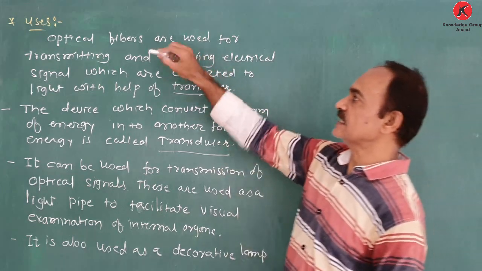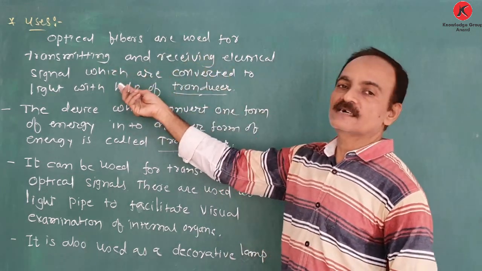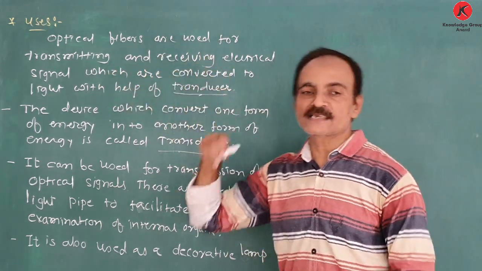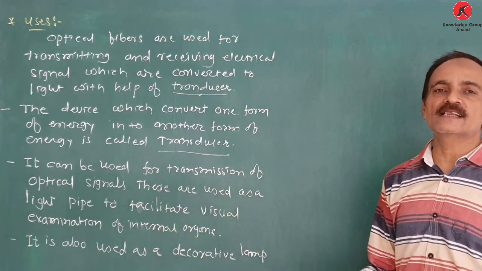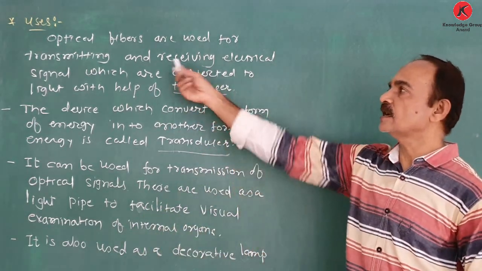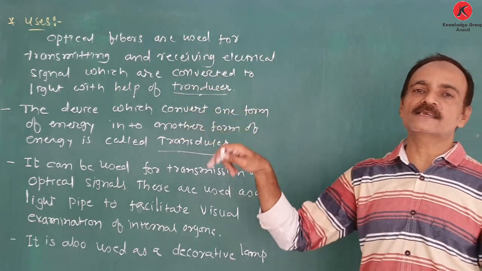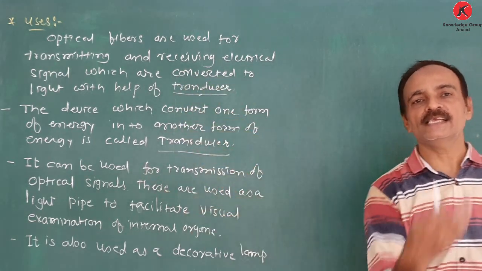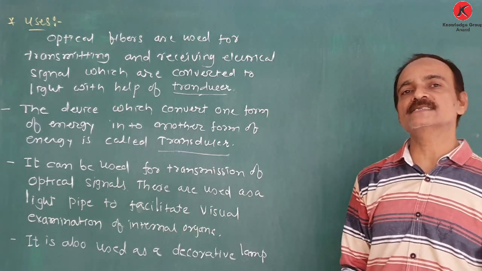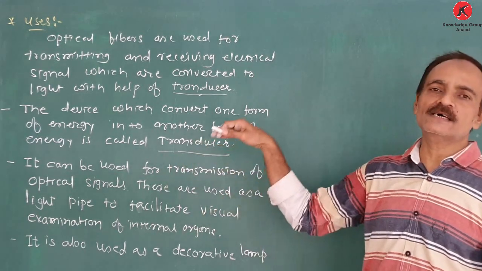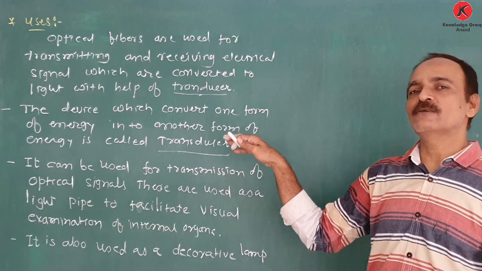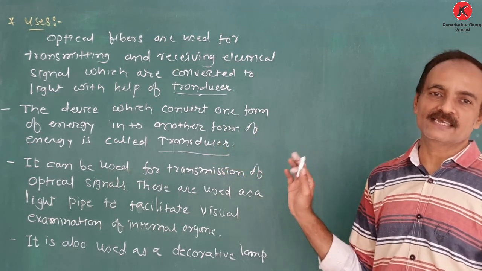So with the help of a transducer, we can convert the electrical signal into a light signal, and then this light signal is passed into the optical fiber, and due to total internal reflection, it can easily travel a long distance. At the other end, the loss in intensity of the light signal obtained is very, very small.